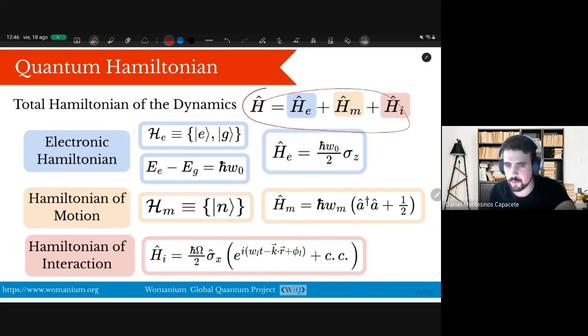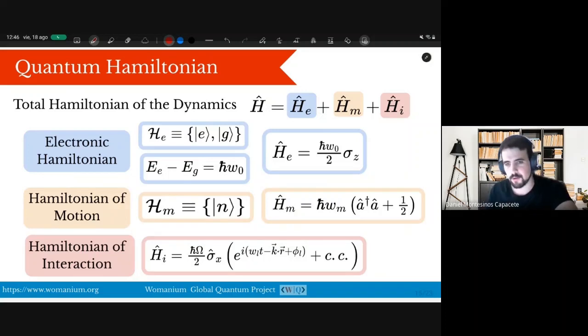So our Hamiltonian is going to be basically made out of three terms. In one term we will have the electronic Hamiltonian. For this, we are going to do an approximation, because if you don't know, in physics we do a huge amount of approximation in order to get to some meaningful results.